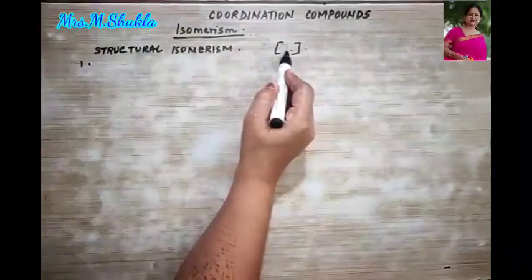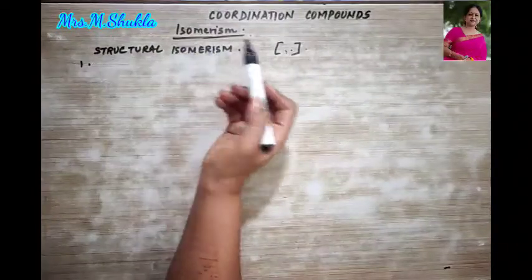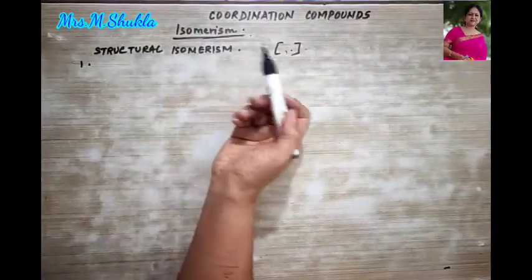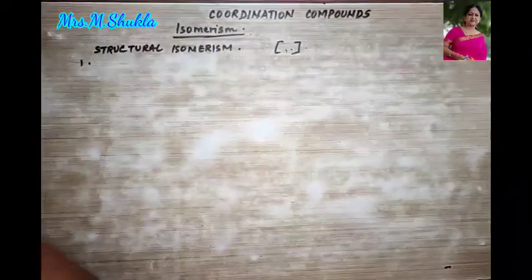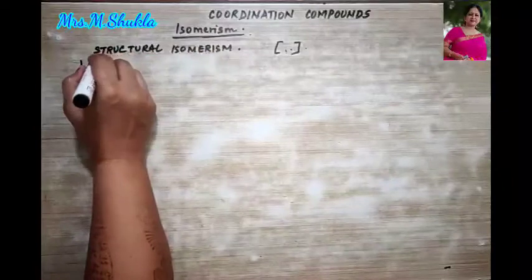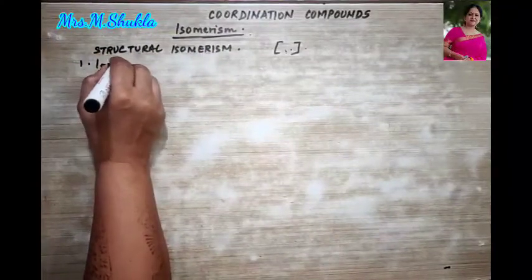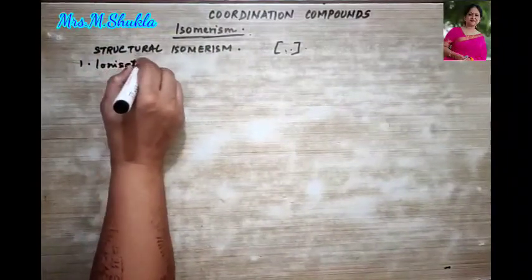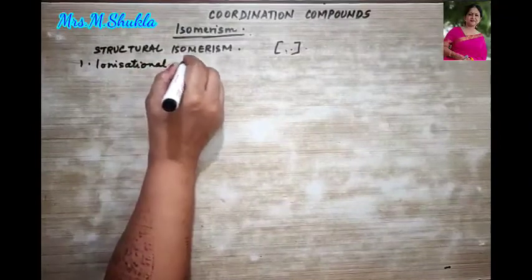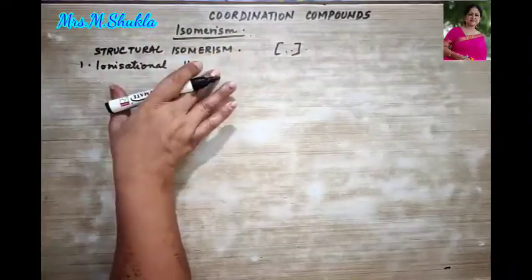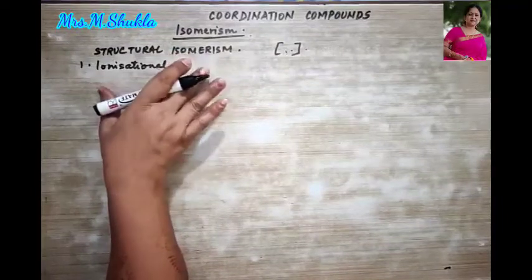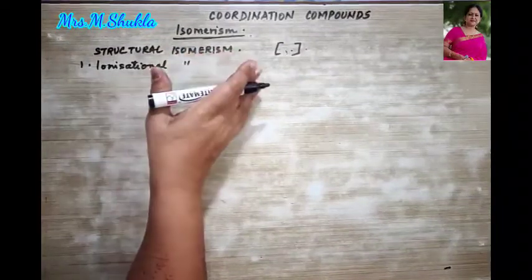Therefore when different ligands are there, definitely they are going to affect the structure, and thus it is called as structural isomerism, right? So dealing with the first structural isomerism, I am going to talk about ionizational isomerism.